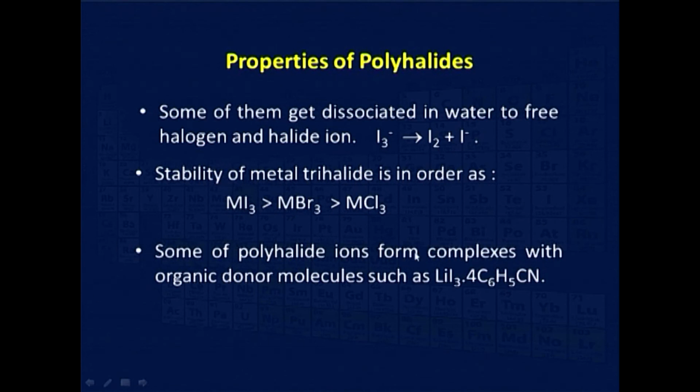This is the dissociation of triiodide into iodine and iodide ion. The stability of metal trihalides proceeds in this order from iodine to chlorine. Some of the polyhalide ions form complexes with organic donor molecules like this.